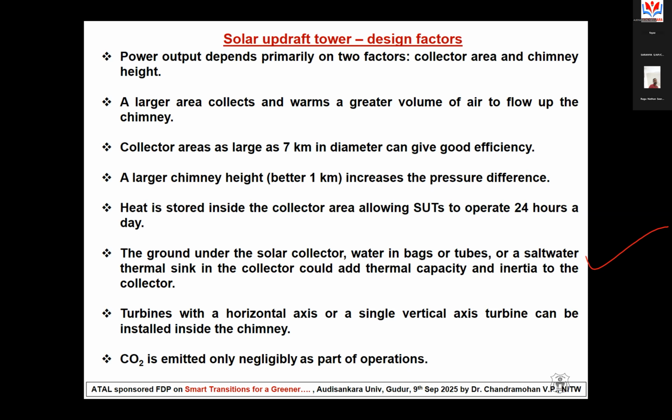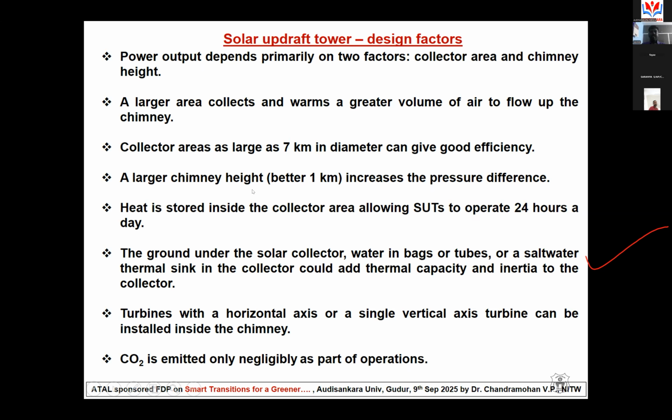It is not possible. But even in cities, some secluded places will be there. A 1-kilometer-diameter solar air collector is planned, but 7 kilometers is not possible. Then we need some rural areas or desert areas, where we can think about this 7-kilometer-diameter plant.